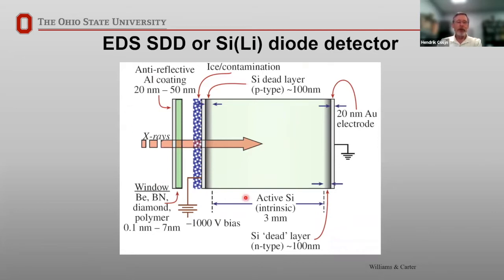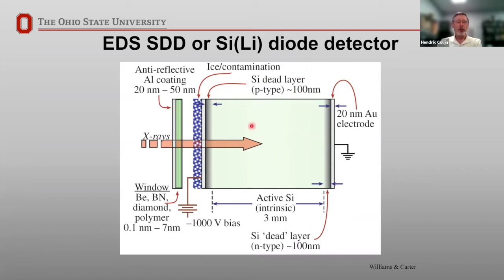So this principle is the same between the SiLi detectors, which are the older style, and the SDDs, which are the newer style. They're basically both just diodes that have been biased in the reverse direction, so that you should have no current flowing through the diode.